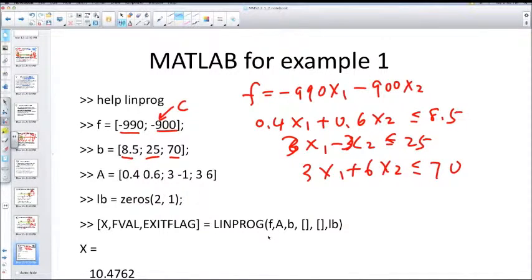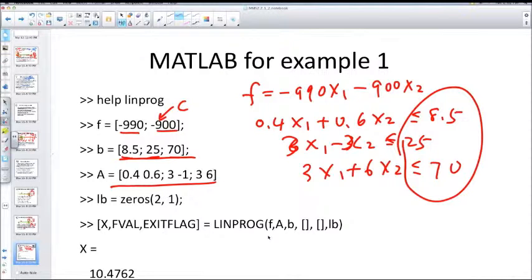So you're going to write this B, the right hand side, into one column or one row. And the A, which is the coefficient matrix, 0.4, 0.6, 3, -1, 3, 6, into another matrix. And that Aeq and Beq, don't worry about it, that's 0, 0, because we don't have equations.